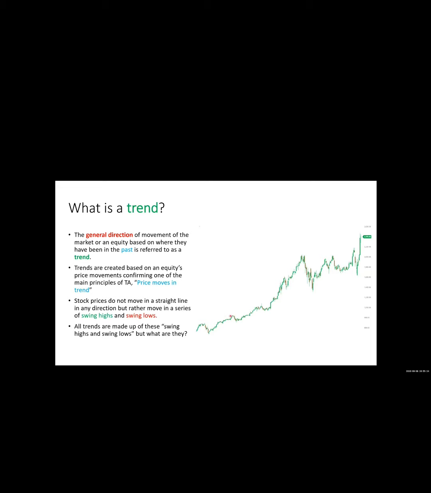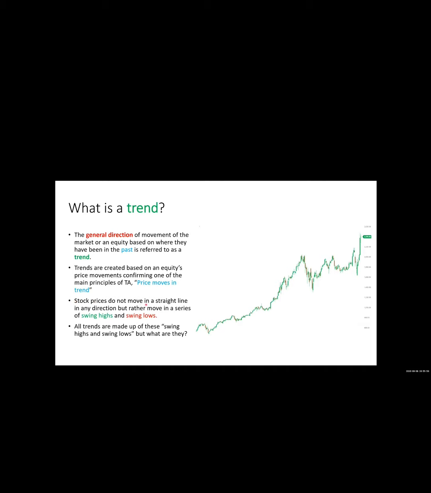So by comparing the past prices, you can easily tell if price has gone up, gone down, or is just remaining in the same area or zone. That's how you would identify a trend. One of the main principles of technical analysis is that prices always move in trends. No matter what book you read, this line would always be mentioned at some point.